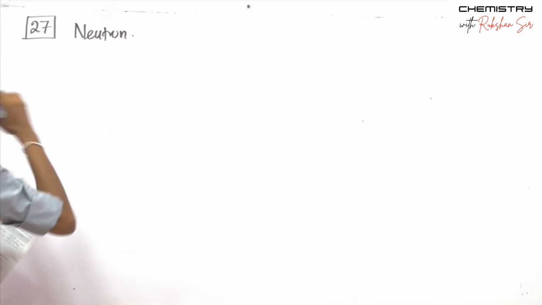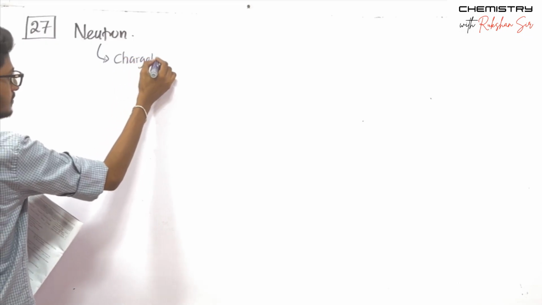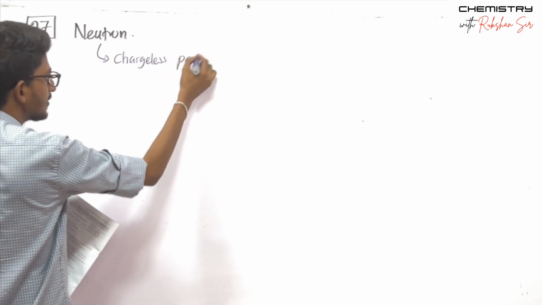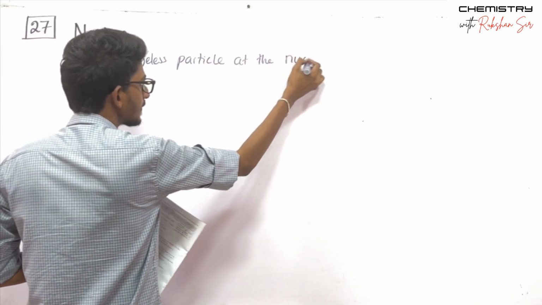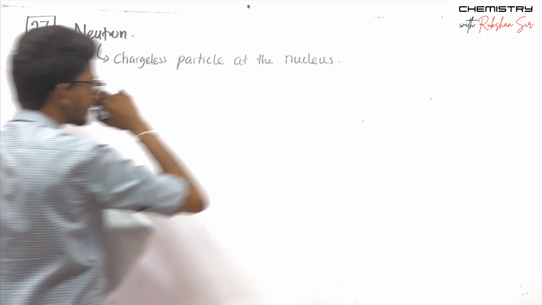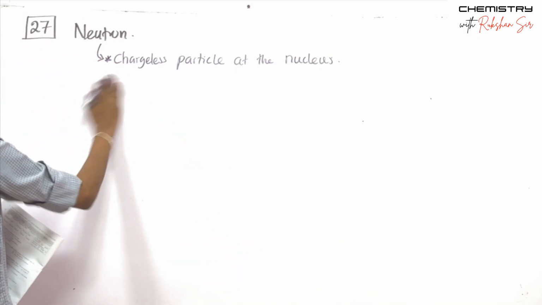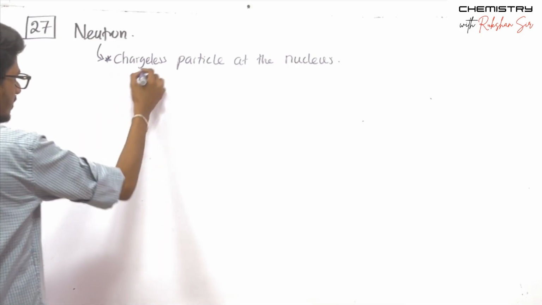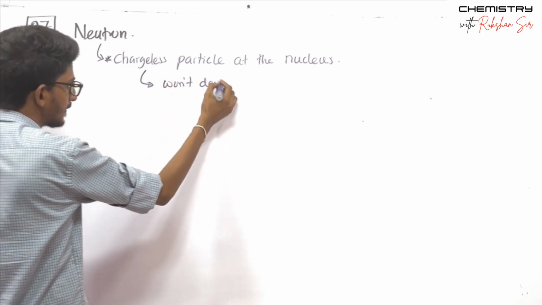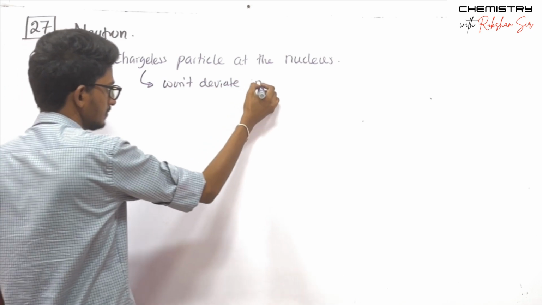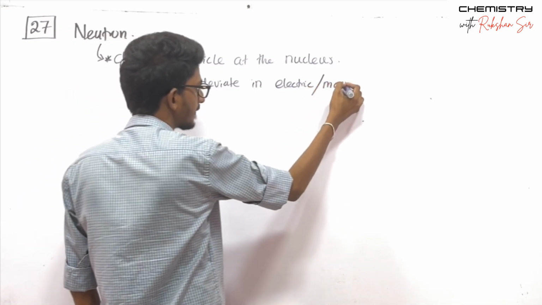The neutron is the chargeless particle at the nucleus, so it won't deviate in electric or magnetic fields.